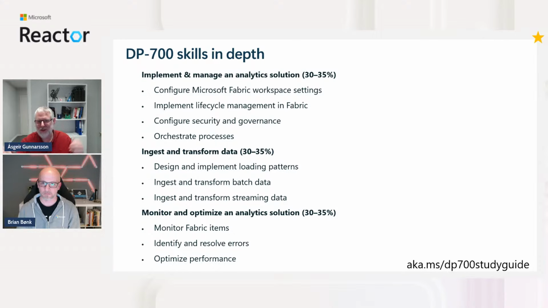So if you call it bronze, silver, gold, or extract transform load, or whatever you call it, you need to understand how you model your data and how you make sure these patterns are correct. The medallion architecture is the concept they will probably use, but the actual concepts behind them are pretty similar, as we've always seen.